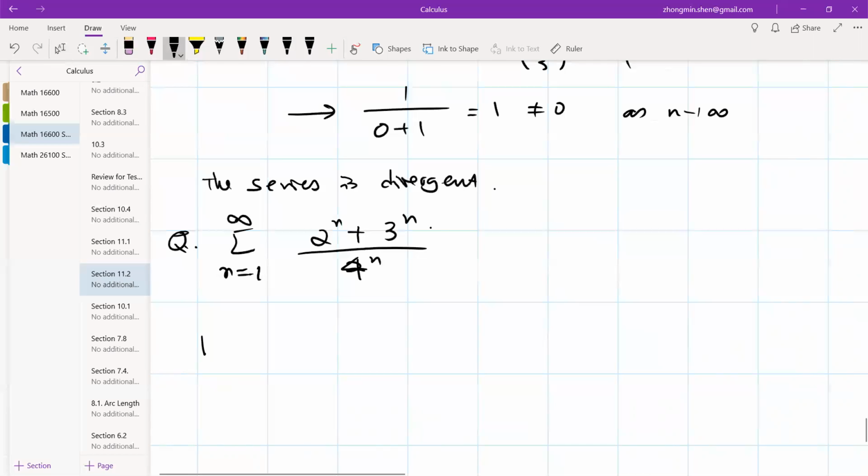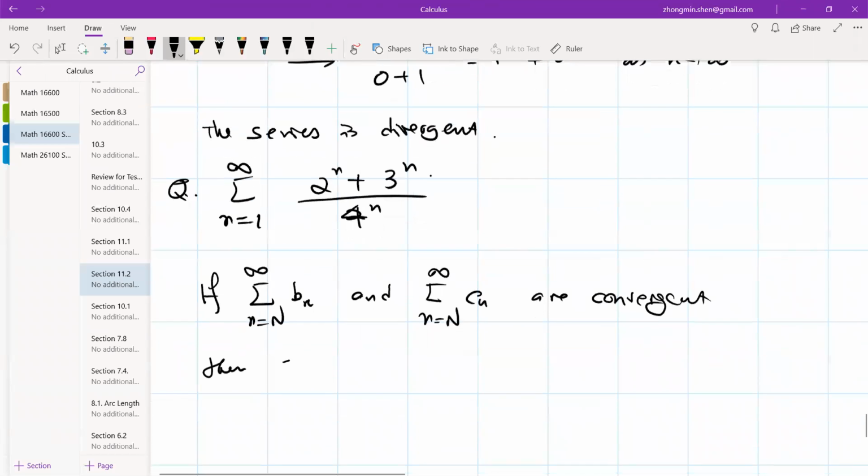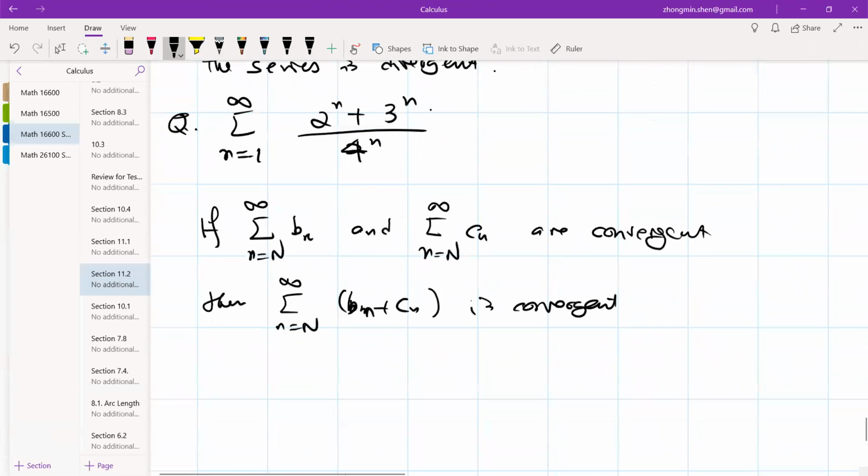We know that if sigma b_n and sigma c_n both are convergent, right? Then sigma of b_n plus c_n, add them together, is convergent. Not only convergent, the limit is going to be the sum of those two limits, okay?